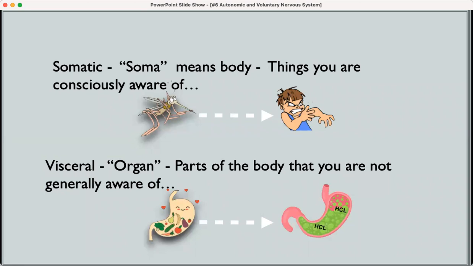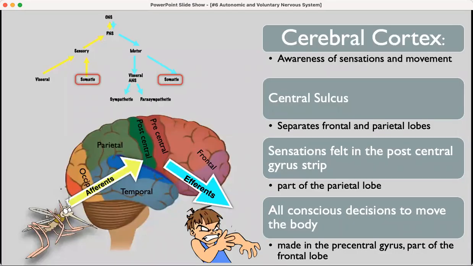So again, showing you here, soma, body, things you're consciously aware of. Visceral or organ, parts that you are not generally aware of, unless you've overeaten, for example. And then going to the cerebral cortex, things you're aware of. This is the central sulcus coming down.